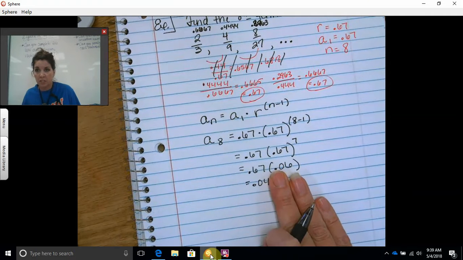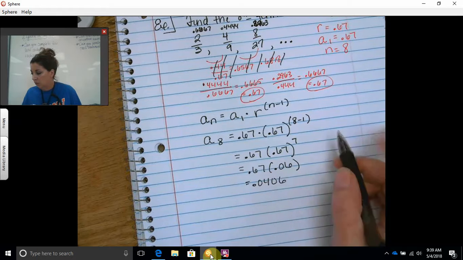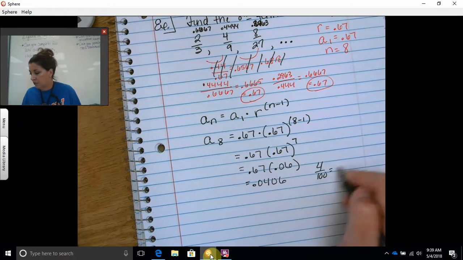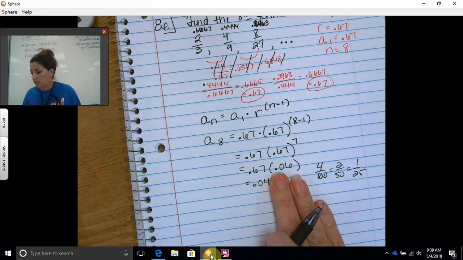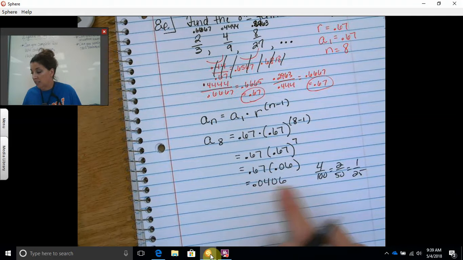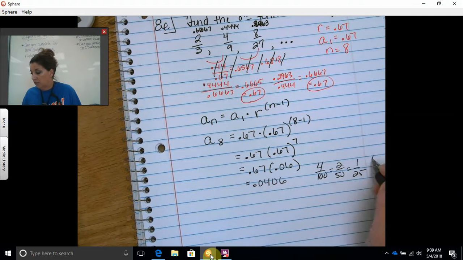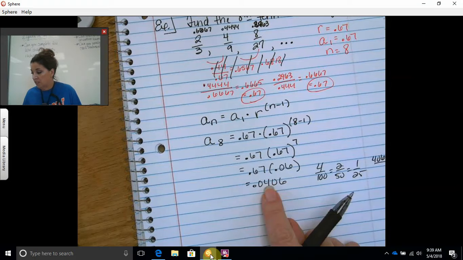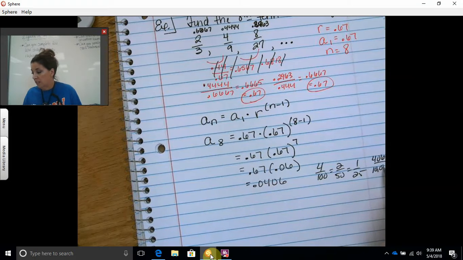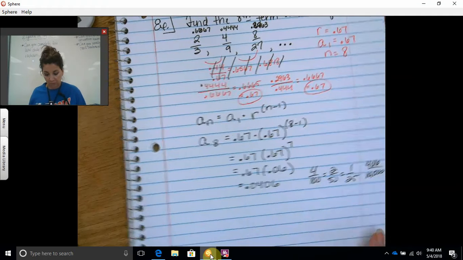So it would be 4 100ths, which would reduce to what? 4 100ths reduces to 2 50ths, which reduces to 1 25th if we rounded to the nearest hundredths place. If we left it like this, that would be 406 over 10,000, and then we could reduce from there. So it just kind of depends, okay? But I'm okay if you just leave it as a decimal.